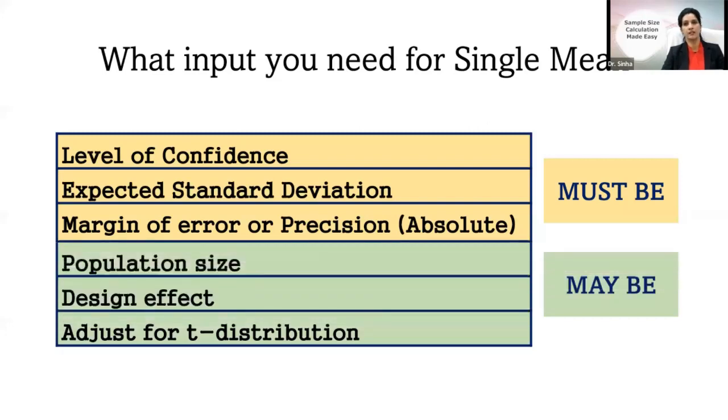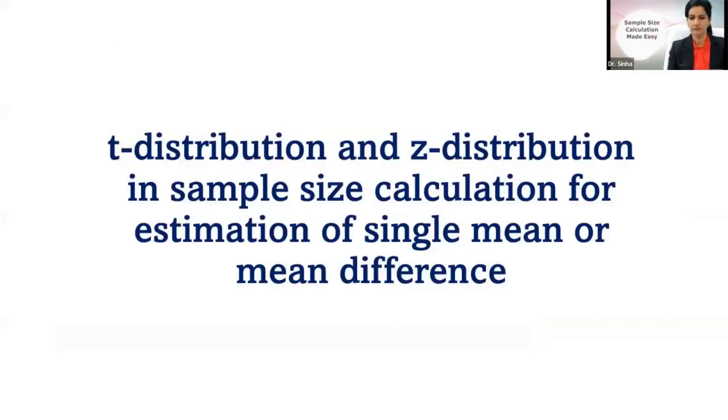The other three things may be population size, design effect, and t distribution adjustment. We'll see all these while we apply this command in the tabulator. The t distribution is applicable when your sample size is less than 30. Above 30, the t distribution and z distribution become the same, but below 30 we apply the t distribution.